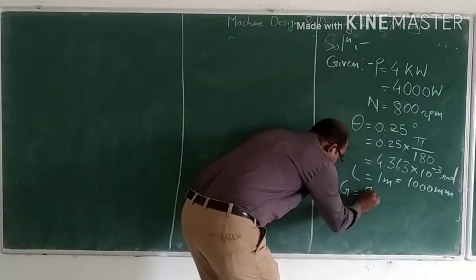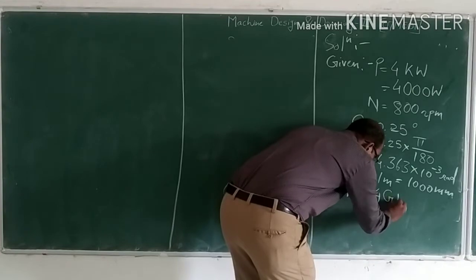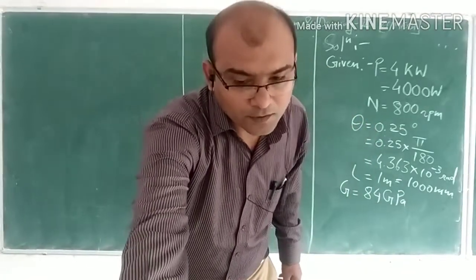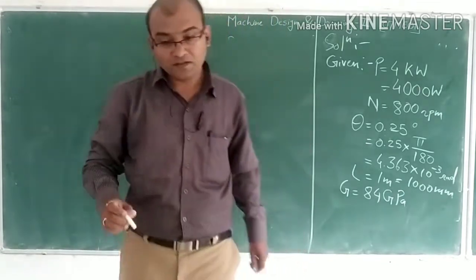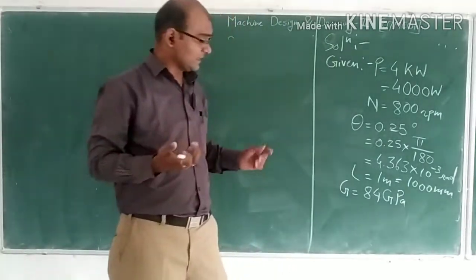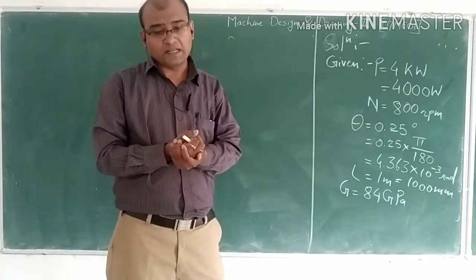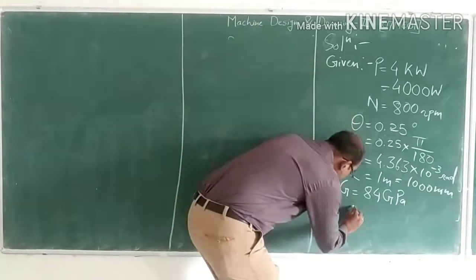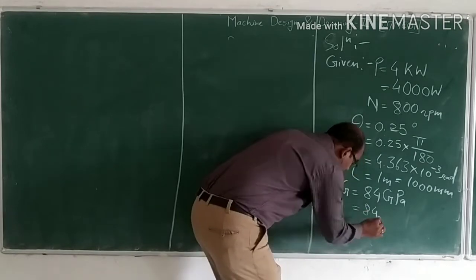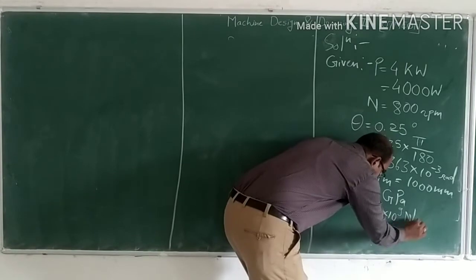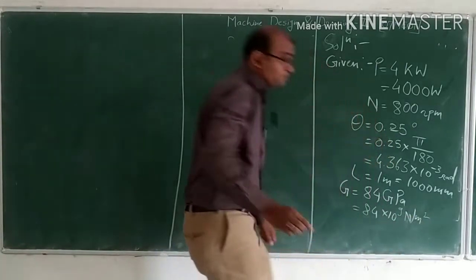So G is equal to 84 gigapascal. Giga means 10 to the power 9. So 84 into 10 to the power 9 Newton per meter square.